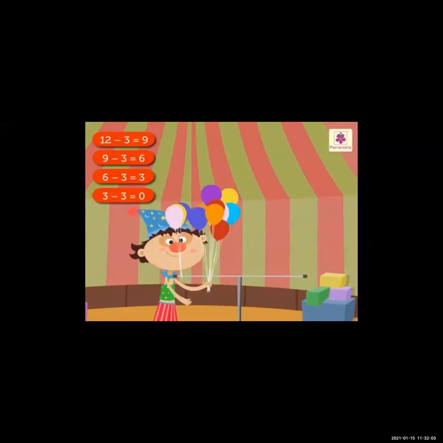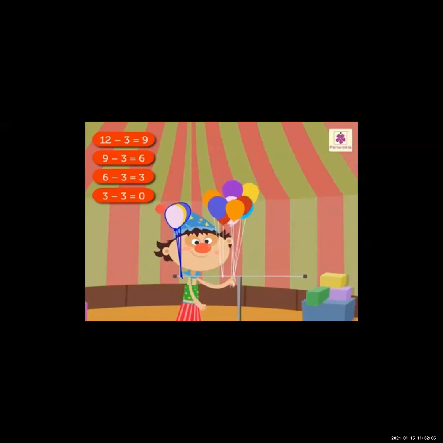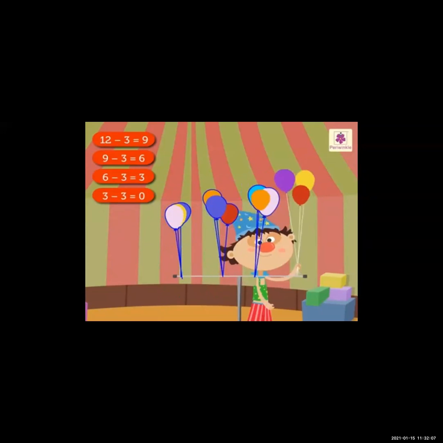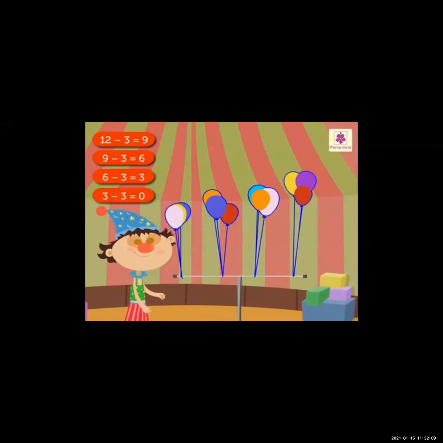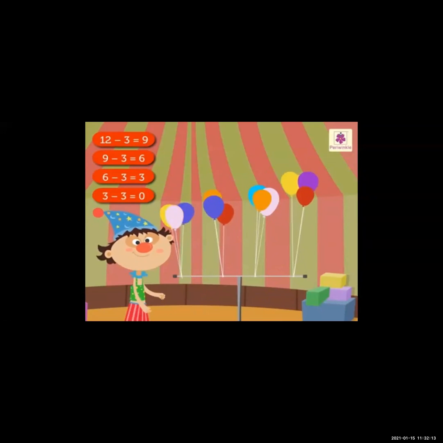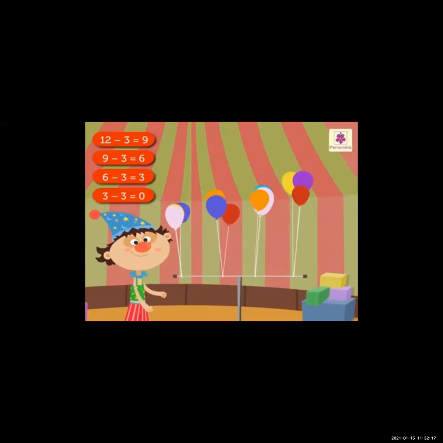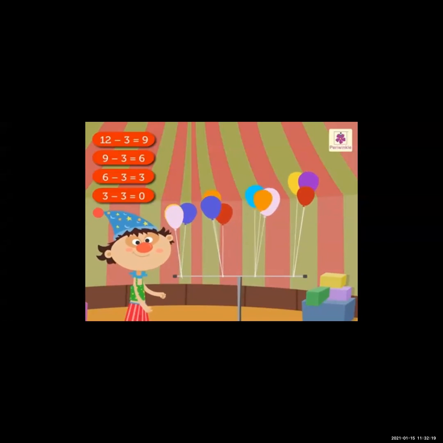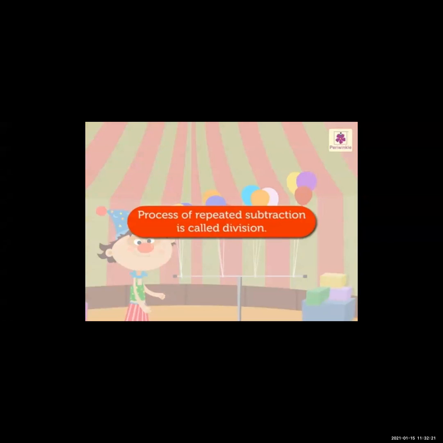When Jojo tied 12 balloons into equal groups of 3, he got 4 groups. Here, he tied the same number repeatedly. We showed this with repeated subtraction. This process of repeated subtraction is called division.